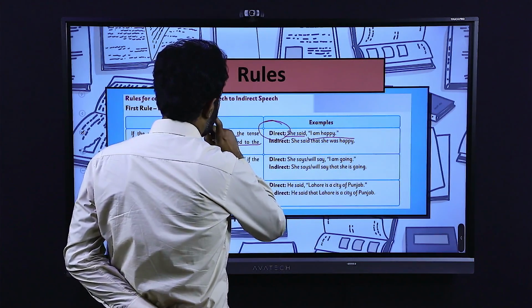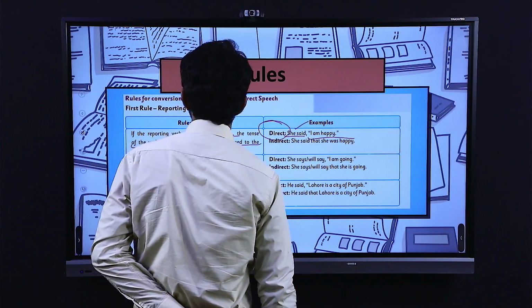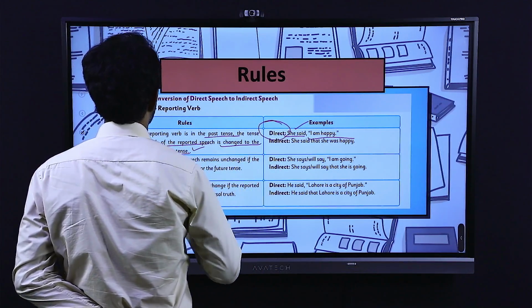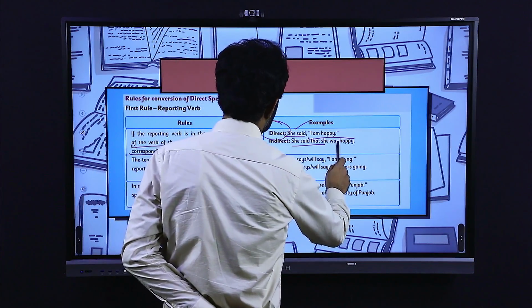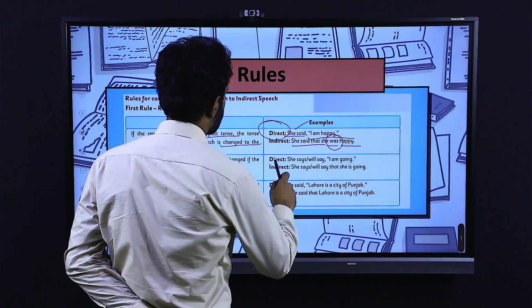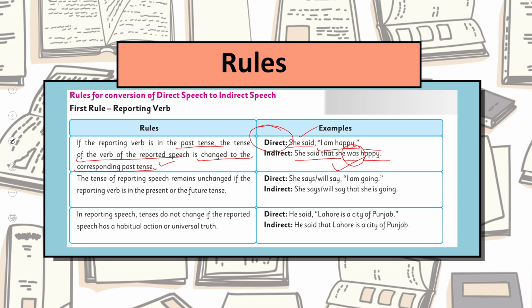Now, she said, this is in the past, but when you are converting it into indirect speech, you will use the past tense. She said that she was happy. Not I am happy or she am happy. You will use was.